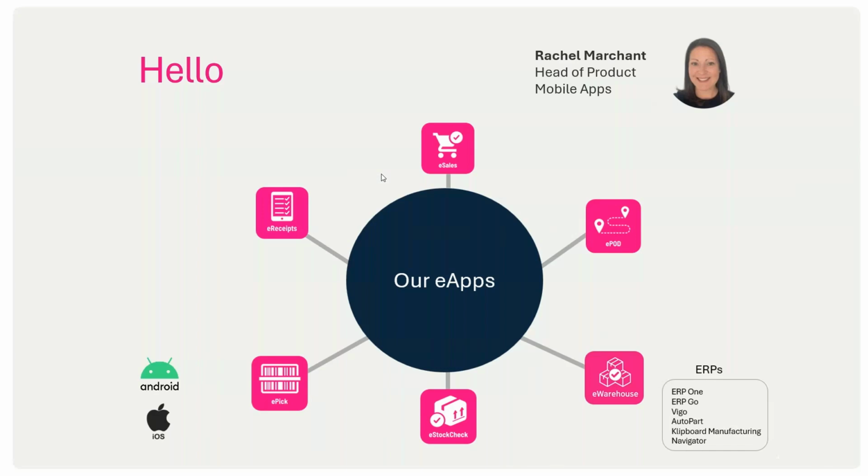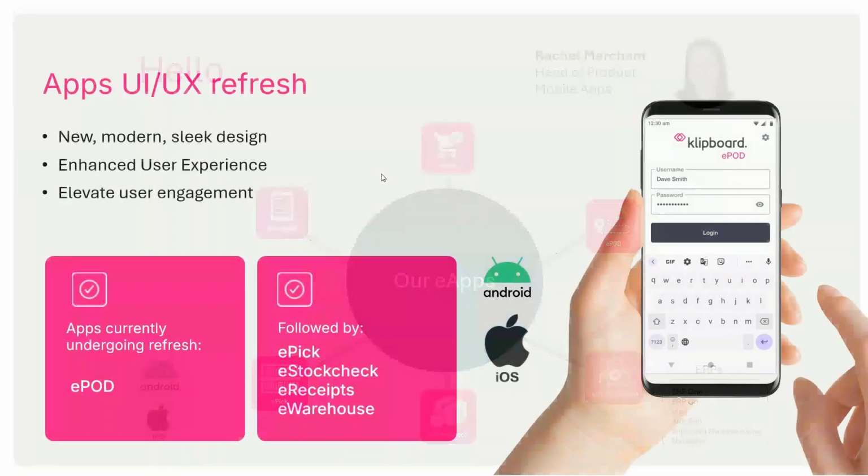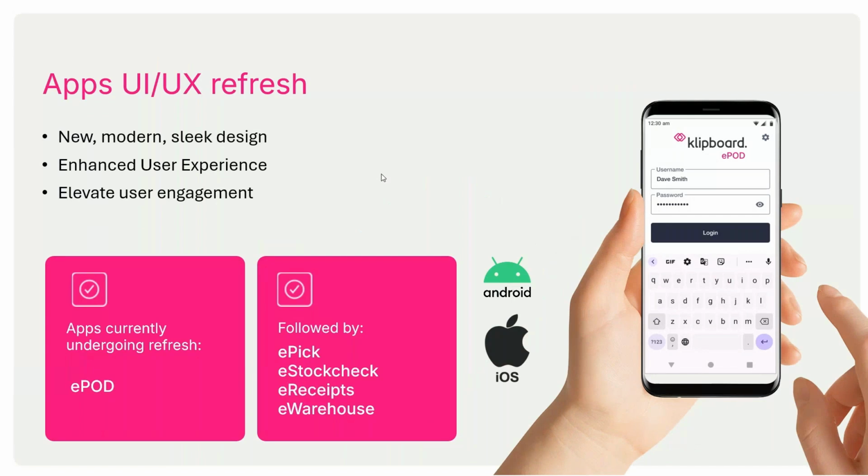So next slide, please, Ash. So one of our key focus areas across the whole of the mobile portfolio that I look after is a user interface upgrade that we're doing. For our users, we really know that every second counts in day-to-day operations.